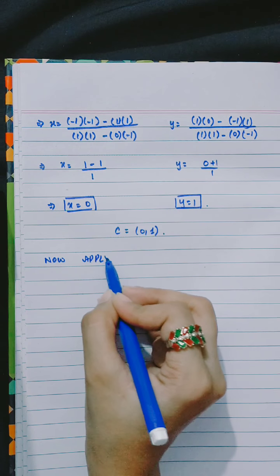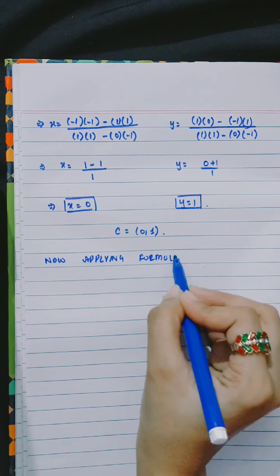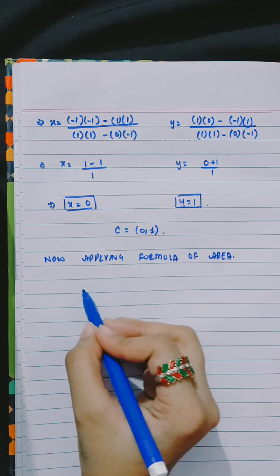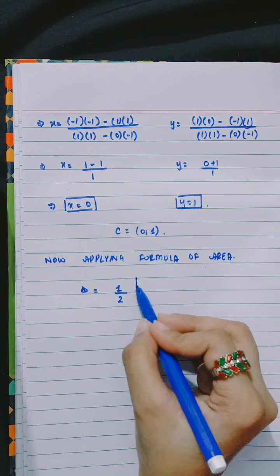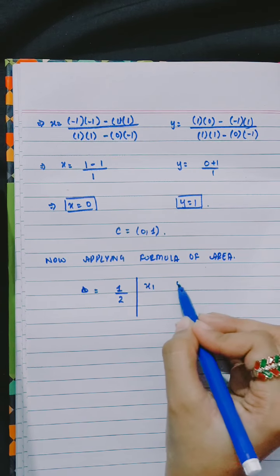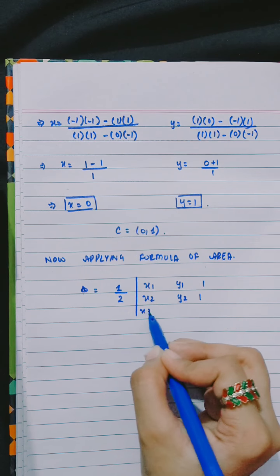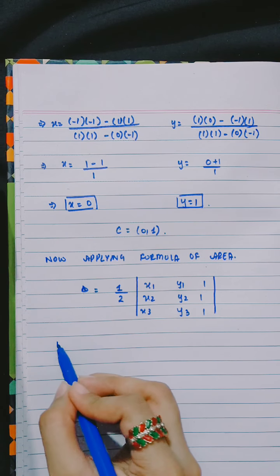Now applying formula of area, that is area is equals to half of mod of determinant x1 y1 1, x2 y2 1, x3 y3 1.